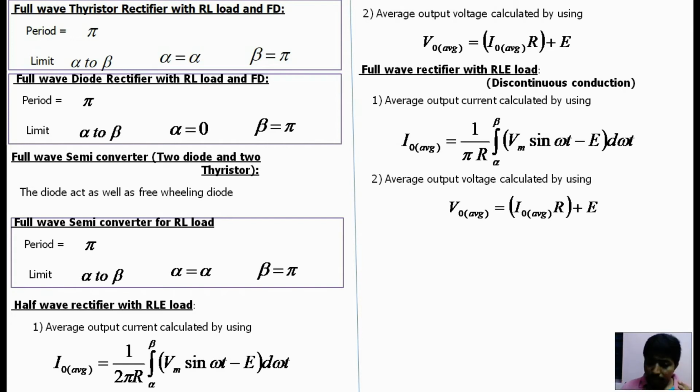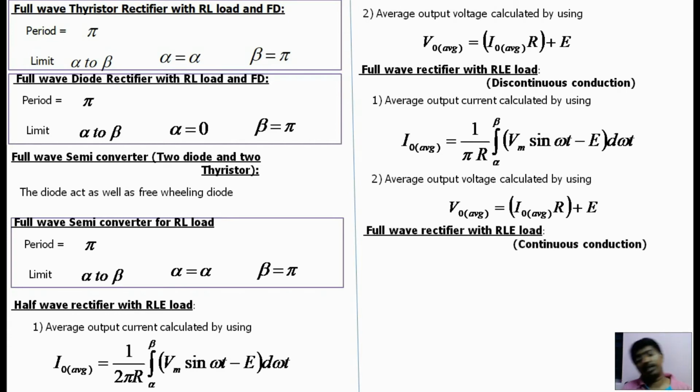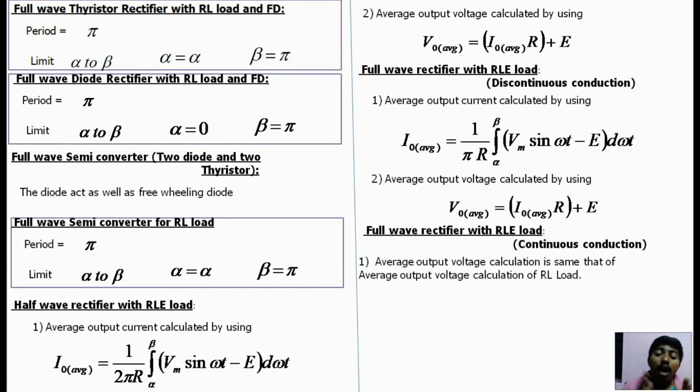Third one, full wave rectifier with RLE load, continuous conduction. If it is a continuous conduction, the E will not affect the output side. It is a continuous conduction, so output follows the input all the time. So there is no effect by the E load. So the RLE load is equal to that of RL load.